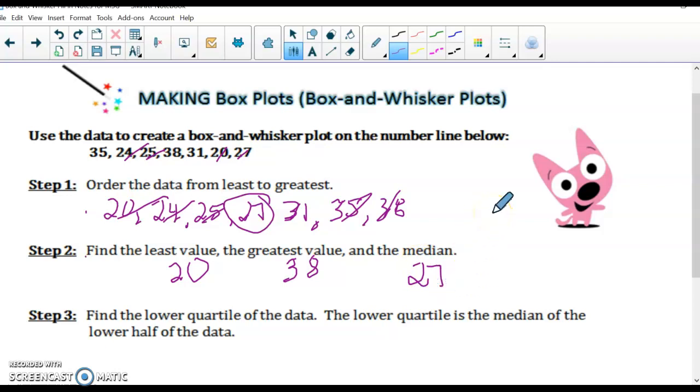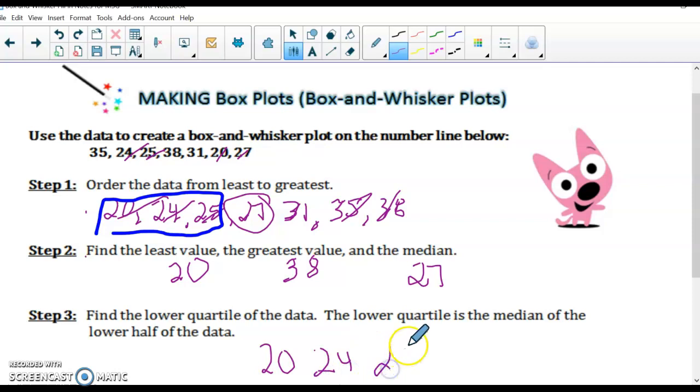So if we find the lower quartile, we need to find the median again. That's the median of the lower half of the data. So if my lower half of the data is 20, 24, and 25, because this was the median, I'm going to draw a line through it. We don't count it in the bottom or the upper half.